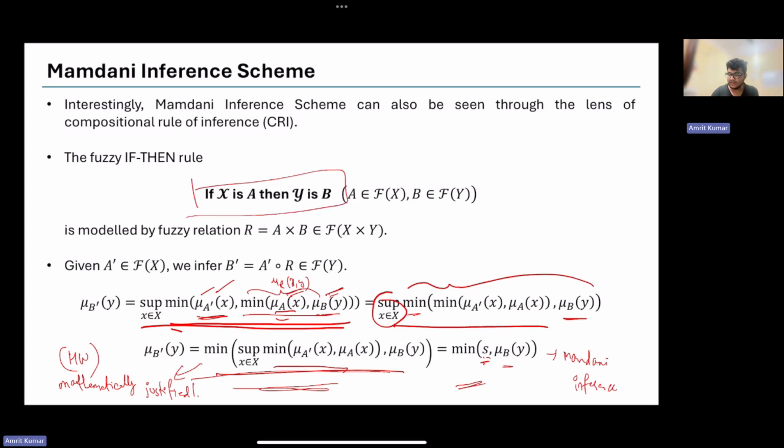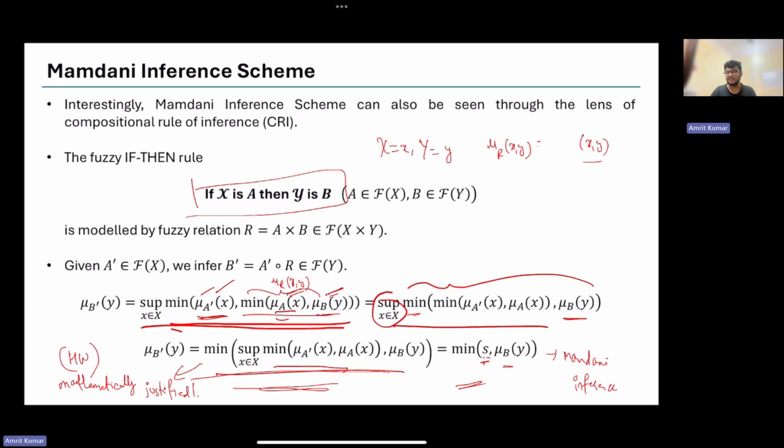So for any particular value of input variable x and for any particular value of output variable y, mu R x comma y expresses the strength of conditional relationship between this input-output pair, right?